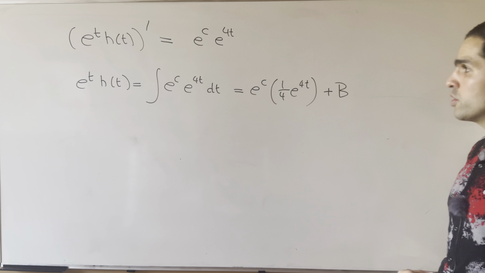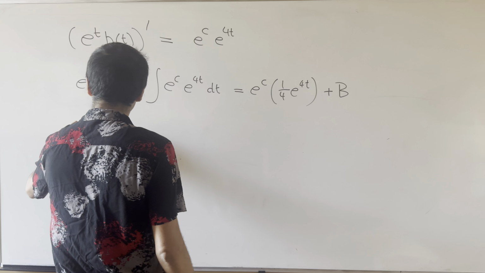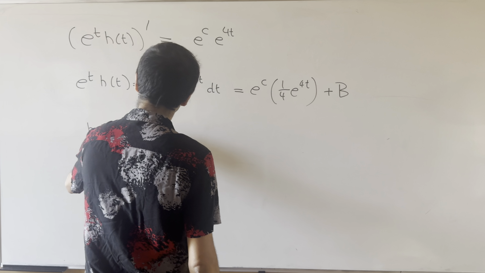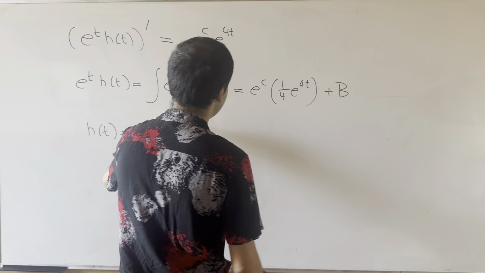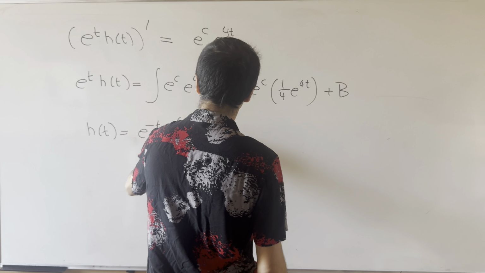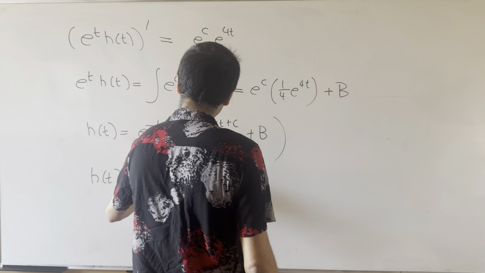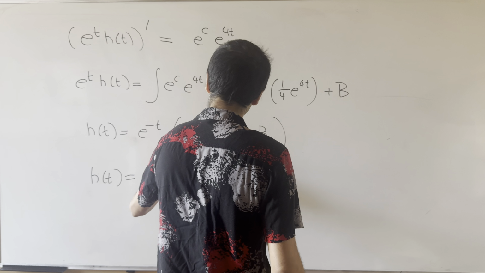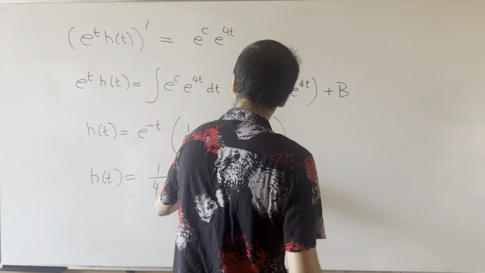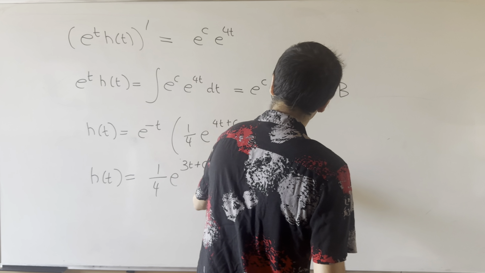And then we can just solve for h. So h of t is e to the minus t, and then 1/4, if you want, e to the 4t plus c plus b. And in the end, we now get h of t is, if I'm not mistaken, 1/4 e to the 3t plus c, and then plus b e to the minus t.